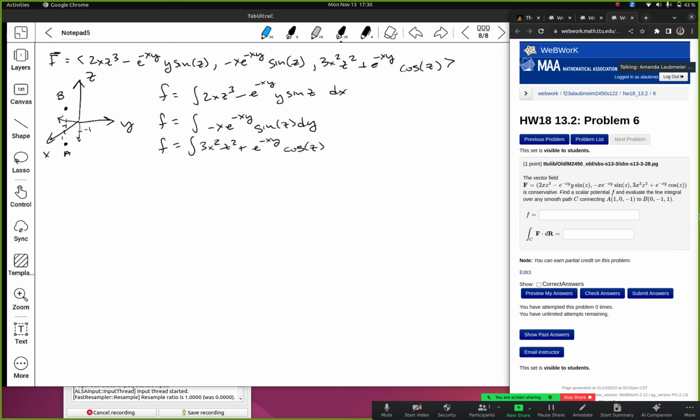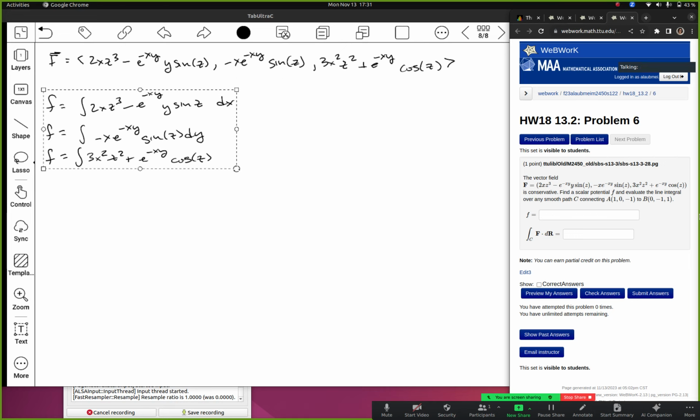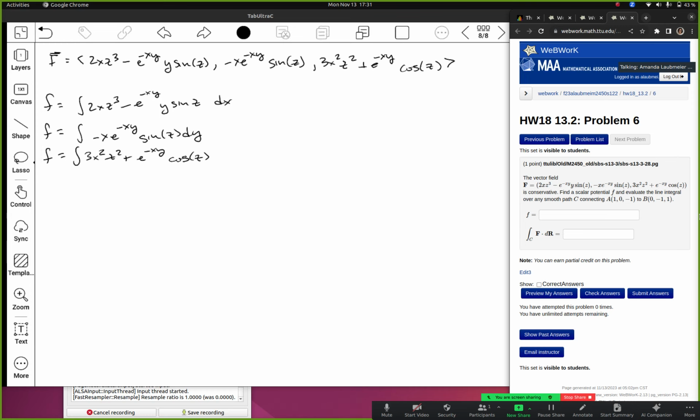I'm going to go ahead and erase that picture and move everything over to the side to give myself space for those integrals, because that picture is really not going to do anything for us the way we're solving this problem. It was just to illustrate. Okay, there we go. And then I forgot to write my dz right there.